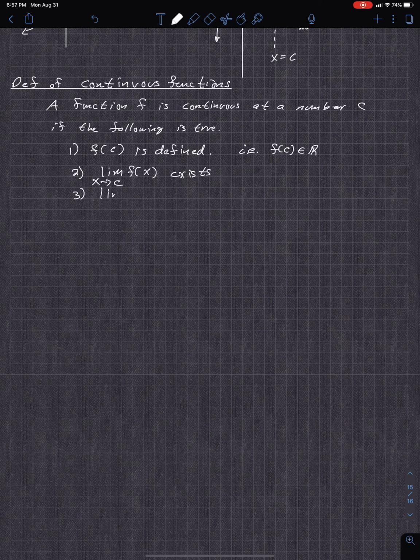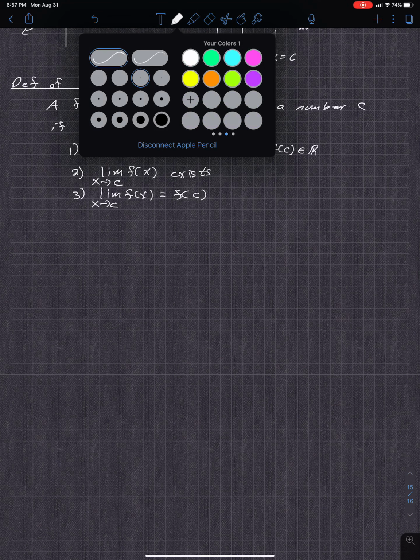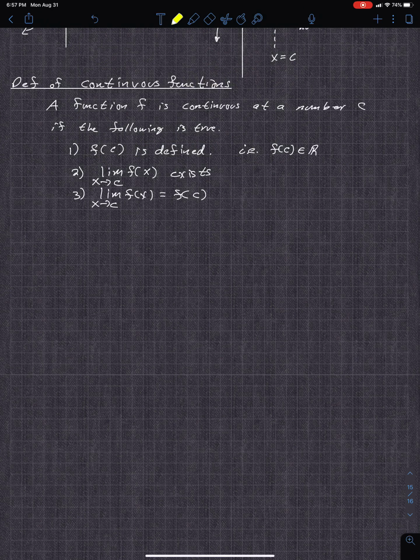And then 3, the limit of f of x as x approaches c equals f of c. And that f of c is defined, it's originally defined. So this is really the key to all of this: the limiting value equals the function value.